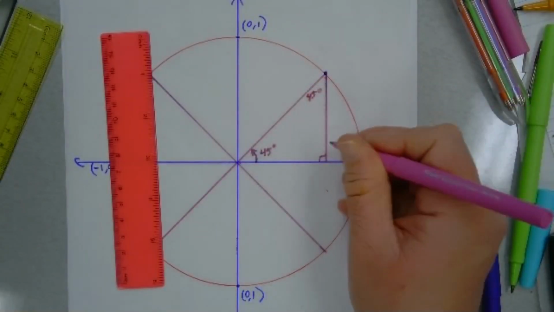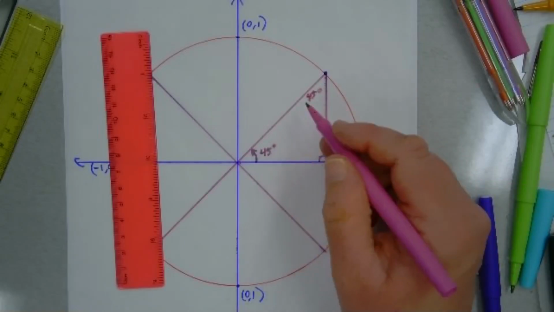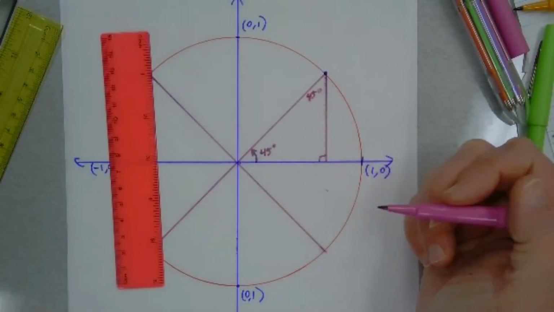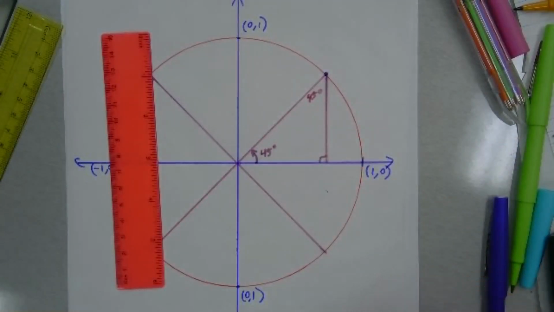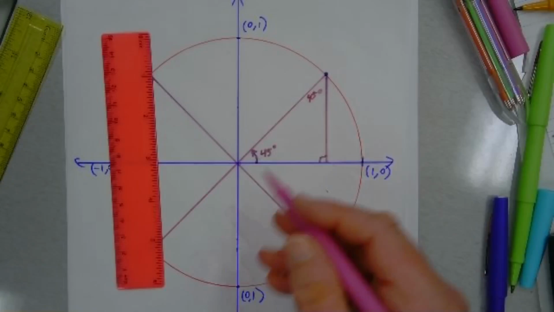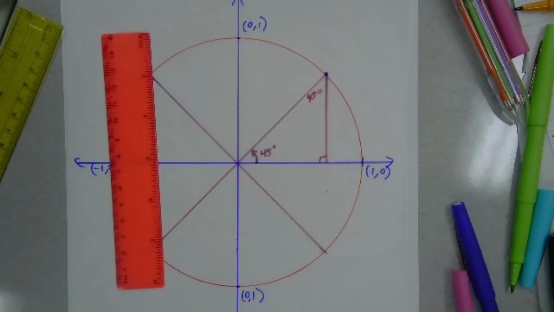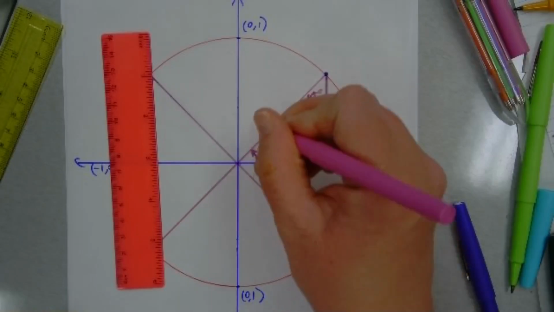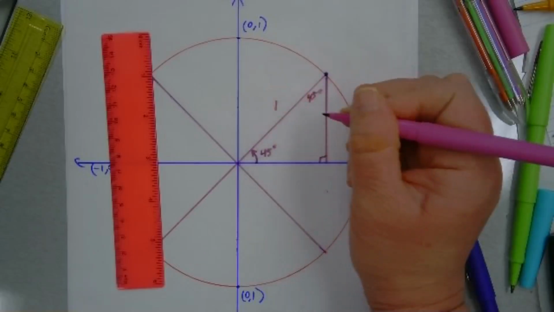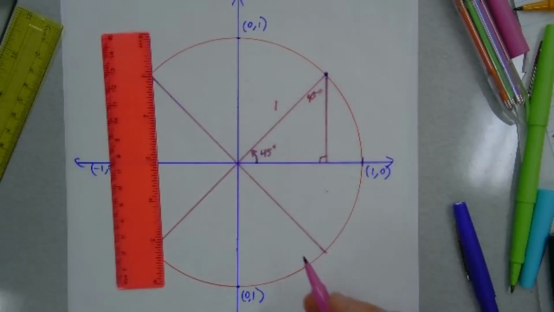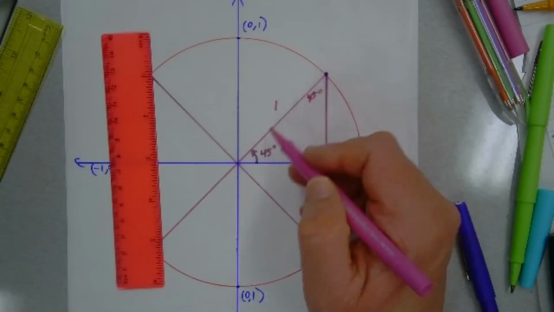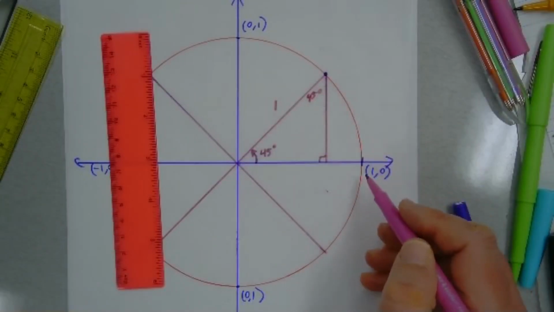I've already got 90 of them used up here. 45 plus 45 and 90. And I know my hypotenuse. I know that my hypotenuse is a length of 1. The reason I know the hypotenuse is a length of 1 is because it's a unit circle. Just like this is 1, this has to be the same length here as this was here.